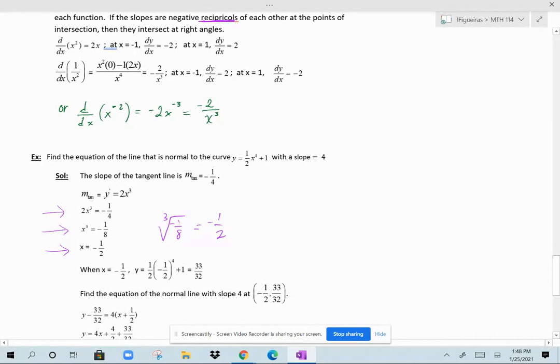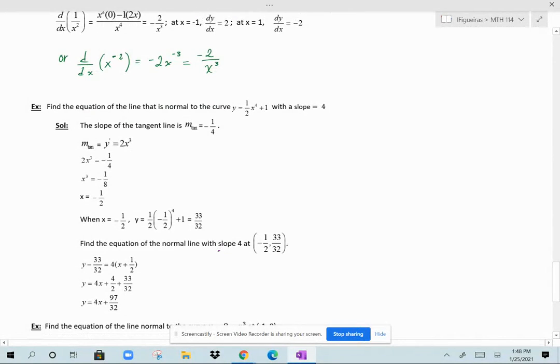But now I have to find my y value. I plug -1/2 into the function, so I get 1/2 times -1/2 to the 4th power plus 1, and when you work that out, y is 33/32. Now, to find the equation of the normal line, I'm using the slope of 4, which was given, and the point -1/2, 33/32, which we just found.